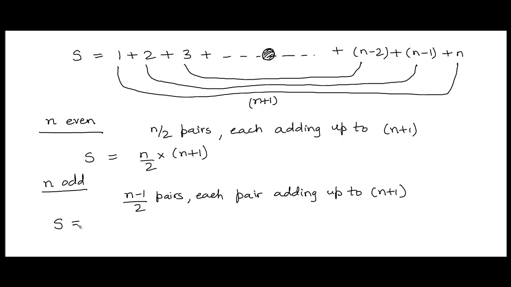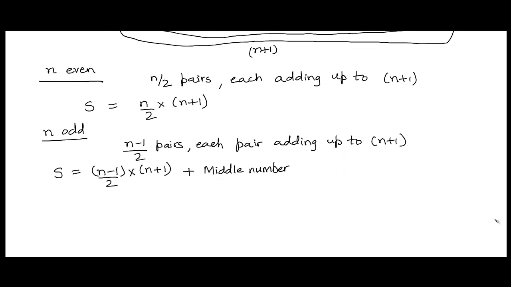So the value of S would be the number of such pairs, which is n minus 1 divided by 2, times n plus 1, plus the value of this middle number. Now what is this middle number?